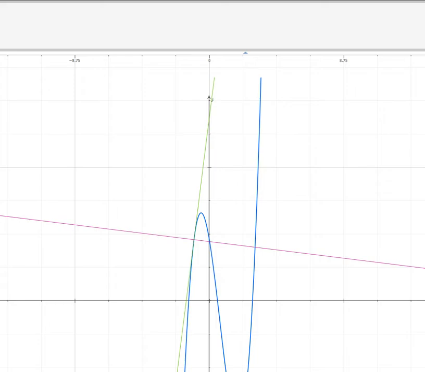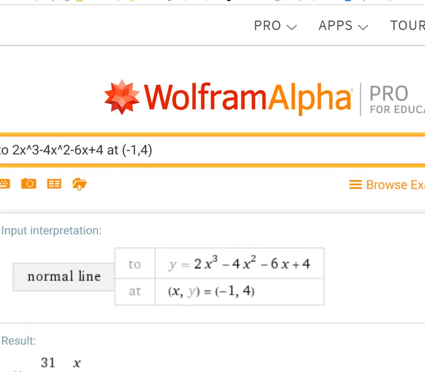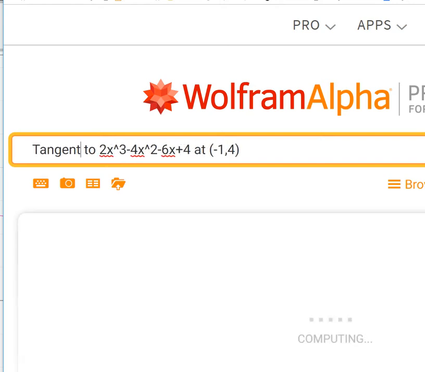Another way to do this is to use something called Wolfram Alpha. If you go to Wolfram Alpha, and let's say we take the function. I already typed this in to save time. And let me put in tangent. Tangent to the function.